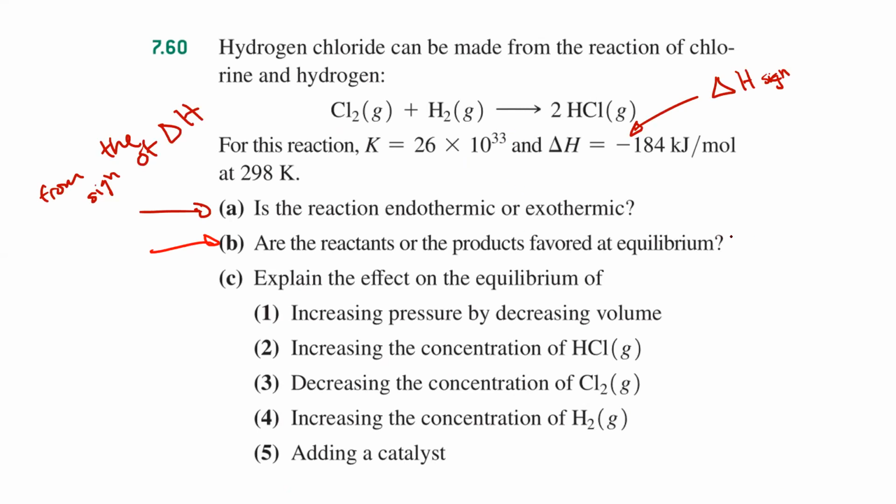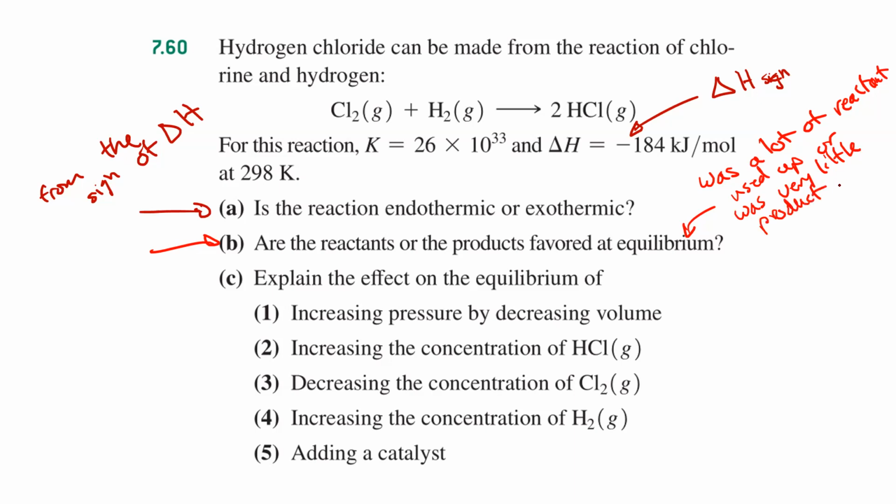Are the reactants or products favored at equilibrium? What this question is actually saying is, was a lot of reactant used up, or was very little product made? Both kind of mean the same thing. If a lot of reactant was used up, then we say product was favored.